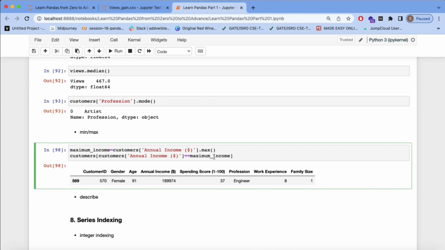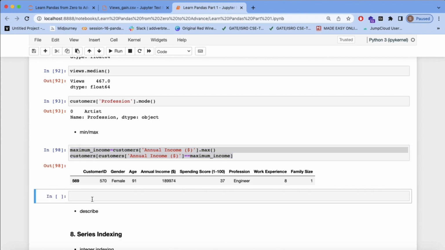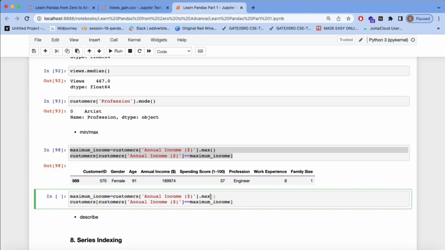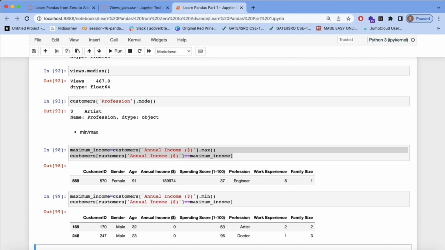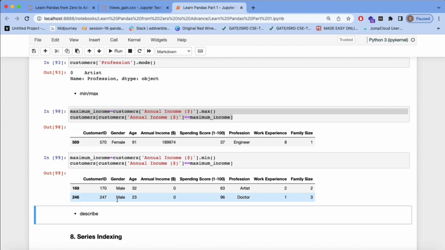Whoever has the maximum, I print with the help of customer square brackets. I put the entire logic inside this, right? I hope you understand. If I want to know the minimum, you just do the same thing with a minor modification. Here you just put minimum. When you do, you will see there are two customers whose annual income is the minimum, that is 0. The customer IDs are 170 and 247. I hope you understand this.